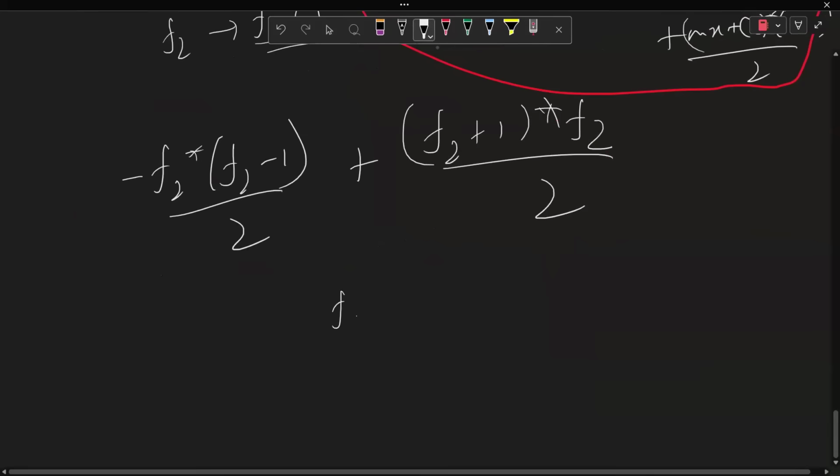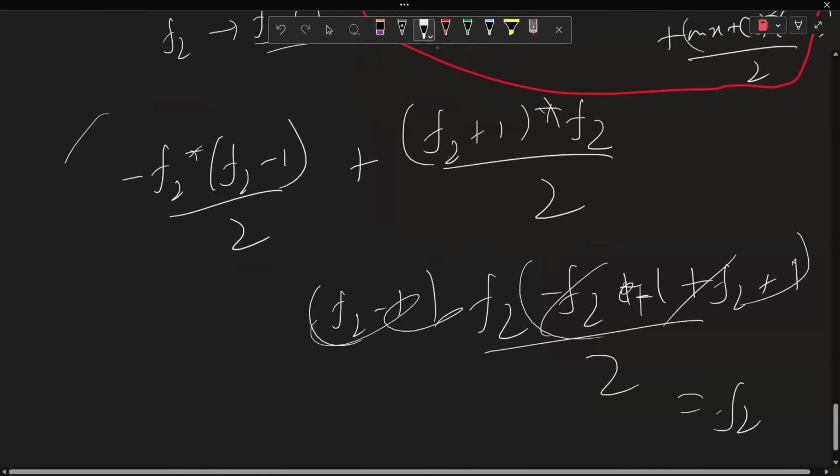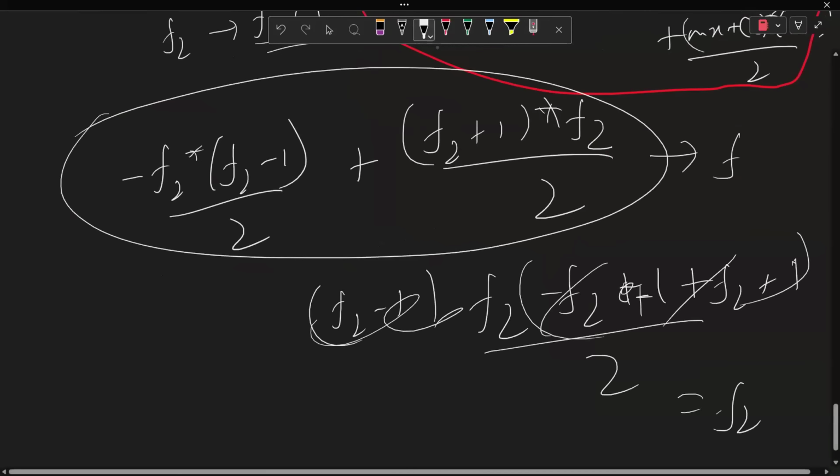If you look at this formula and take F2 in common, it is F2 minus 1, minus of this, plus of this. So these would cancel out by 2, and it is F2 only. If you calculate this, it would be F2.